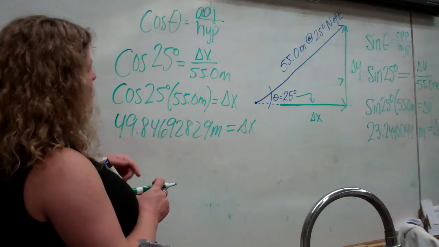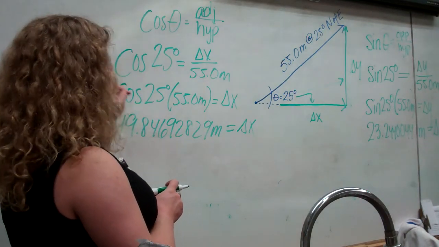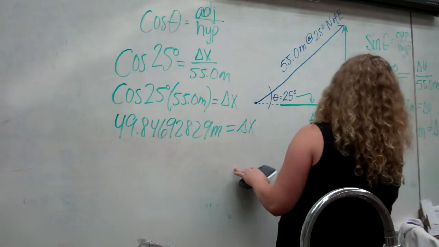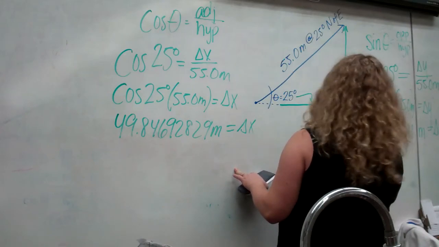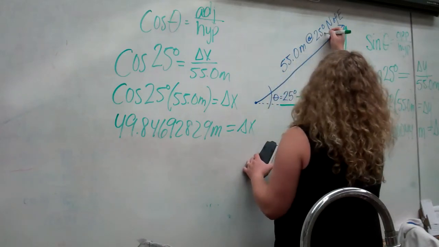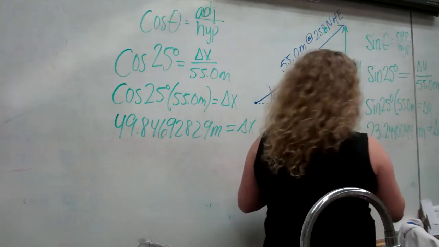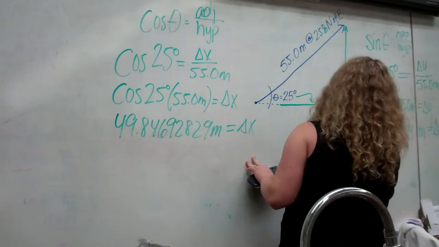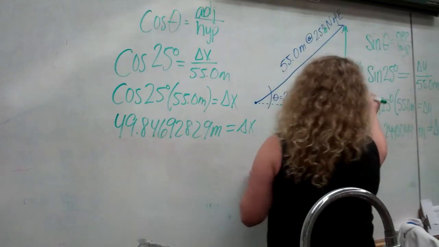We get what? 3 sig figs? 2 sig figs. So we would have, we're going to cheat and make it 3. We're going to call that 25.0. Okay? 49.8 meters is our delta x.